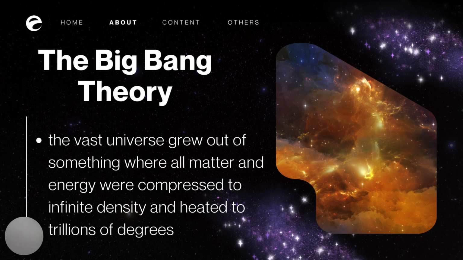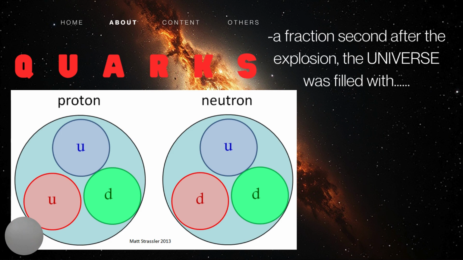In outer space there is still energy and matter. They were compressed together, with infinite density, and then heated to trillions of degrees.